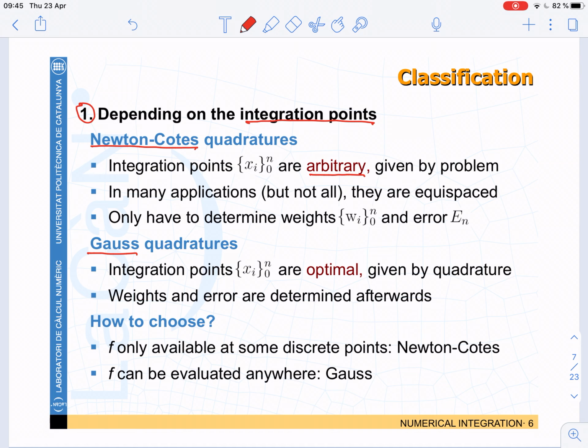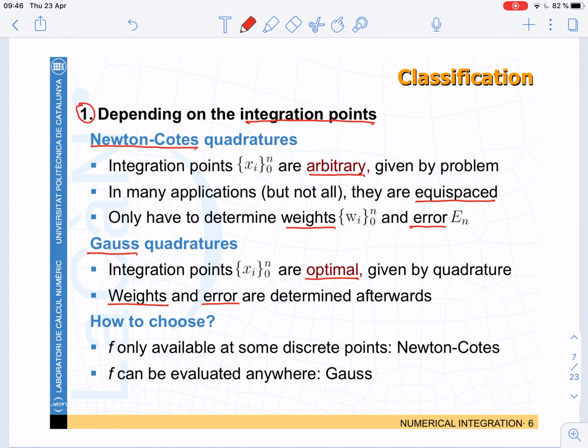In many applications, but not in all applications, they are equispaced integration points. And we then only have to determine weights and integration error En. Whereas in Gauss quadratures, integration points are optimal in a sense to be discussed and are thus associated to the quadrature. Like before, we also need to determine weights and integration error.